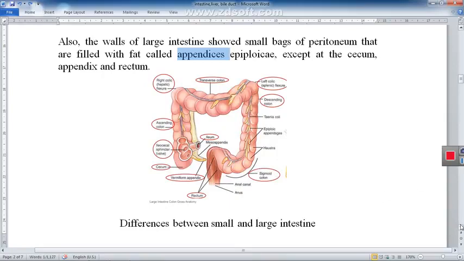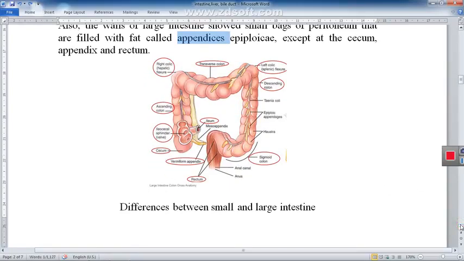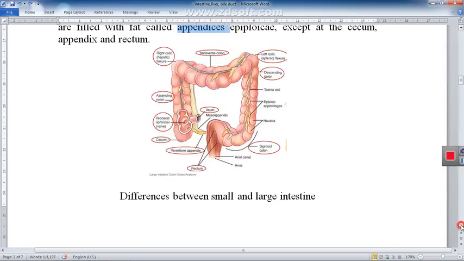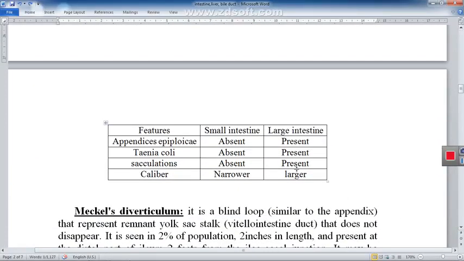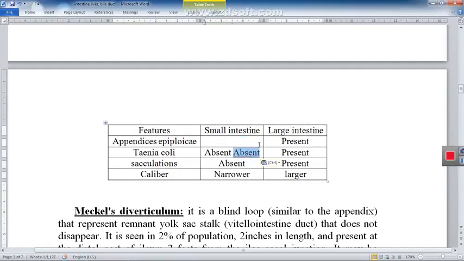Usually during surgery, especially when there is an obstruction to the intestine, small intestine for example, you will not be able to differentiate between the small and large intestine. So in that case you need points to be remembered. The small intestine does not have the bags of appendices epiploicae, but they are present in the large intestine.